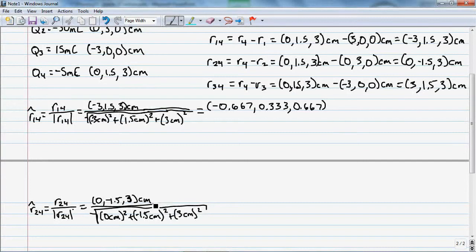Take the square root, and that leaves me with 0, negative 0.447, 0.894.